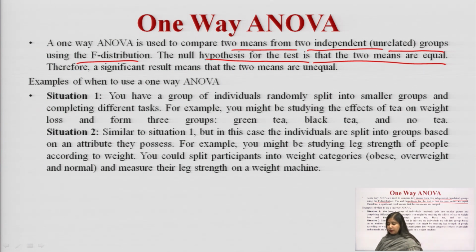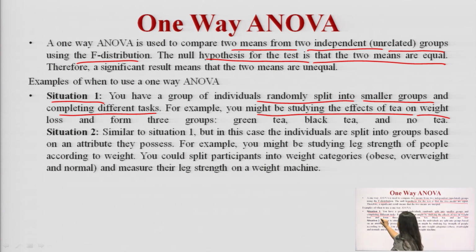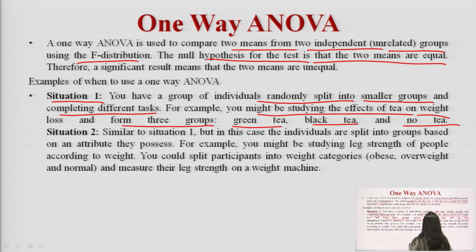And there is one more example of using one-way ANOVA. There is one situation given. You have a group of individuals randomly split into smaller groups, completing different tasks. For example, you might be studying the effect of tea on weight loss, with three groups: one group gets green tea, one gets black tea, and one group gets no tea.